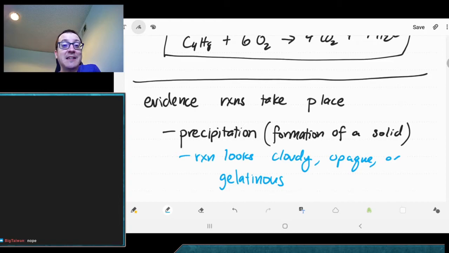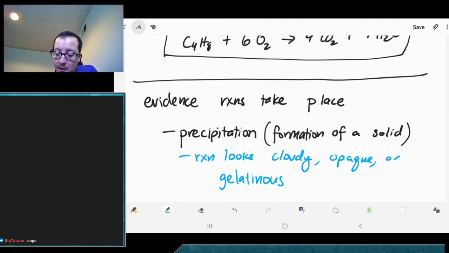There's a change to the texture of the solution, as it were. So if you were to mix two things together and it becomes cloudy, that indicates you formed a solid. You just have very small particles in there. You're forming a colloid, essentially. And that colloid is just, remember, dispersing light around so we can see it.